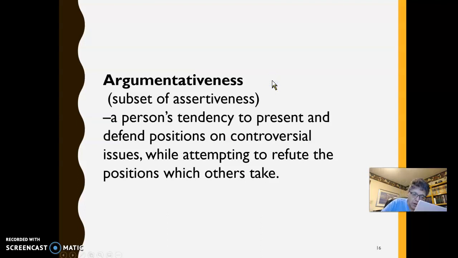The third category I mentioned was argumentativeness. Going back to what argumentativeness is, as we talked about earlier in the semester when we discussed persuasion, argumentativeness is defined this way. It's a person's tendency to present and defend positions on controversial issues while attempting to refute positions which others take.